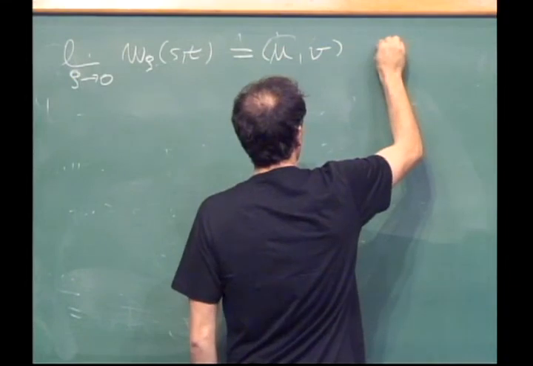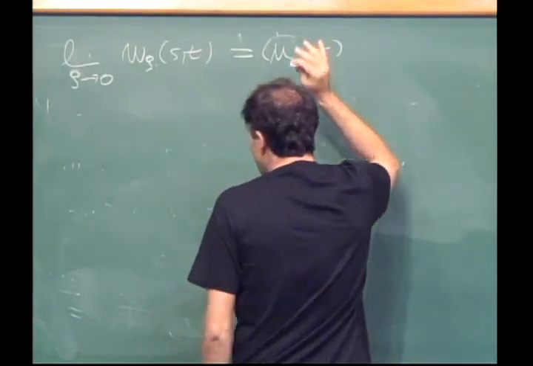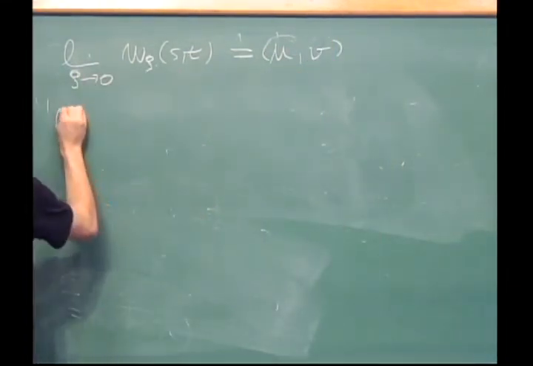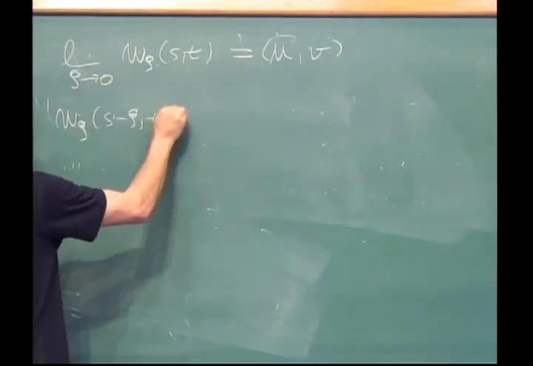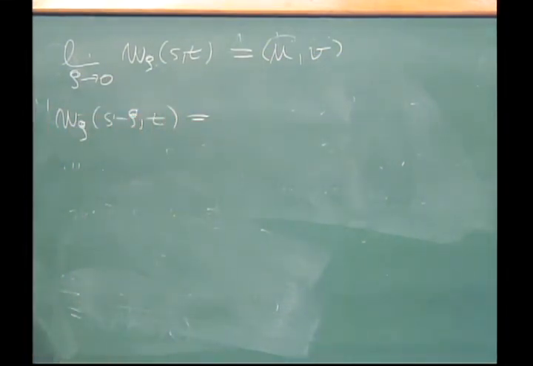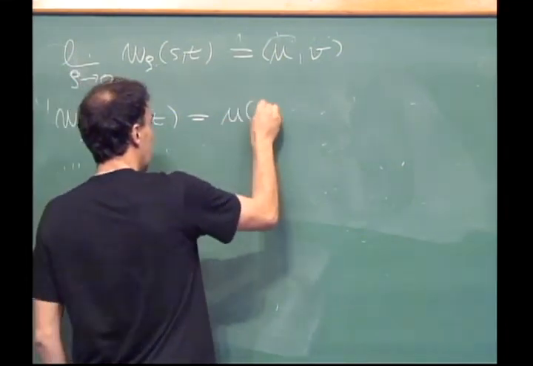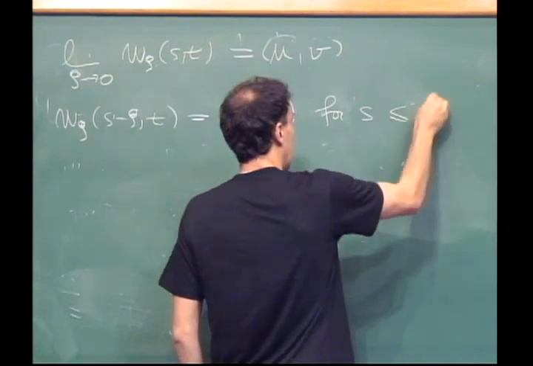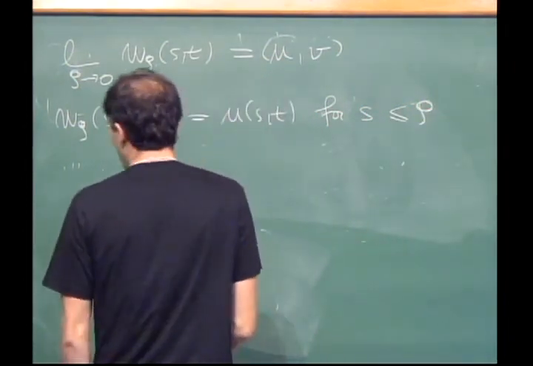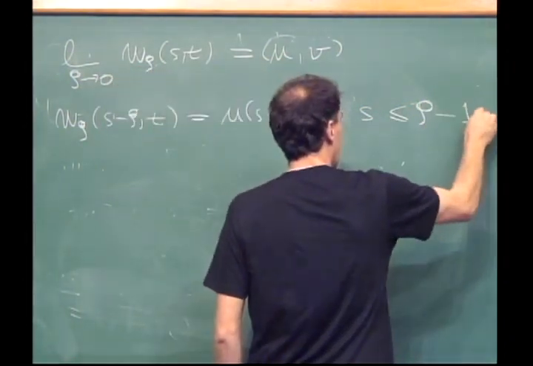This goes to UV with the convergence I defined, because when you take this as minus rho t, this is exactly U(s,t) for s smaller than rho minus 1.